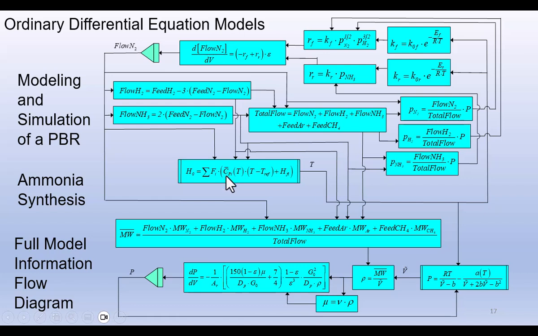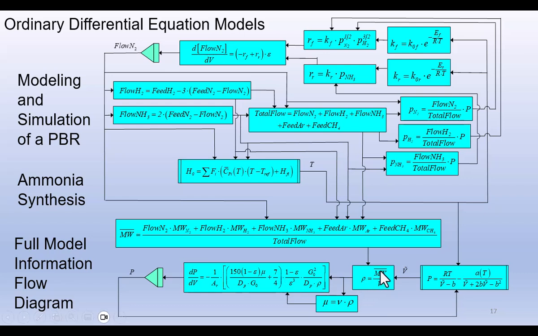The other thing that's new down here is that we calculate an average molecular weight, and then the Ergun equation requires a couple of live variables that we have to compute, one being the density and the other being the viscosity. The rest of these are constant parameters, so we don't need to compute them on the fly.